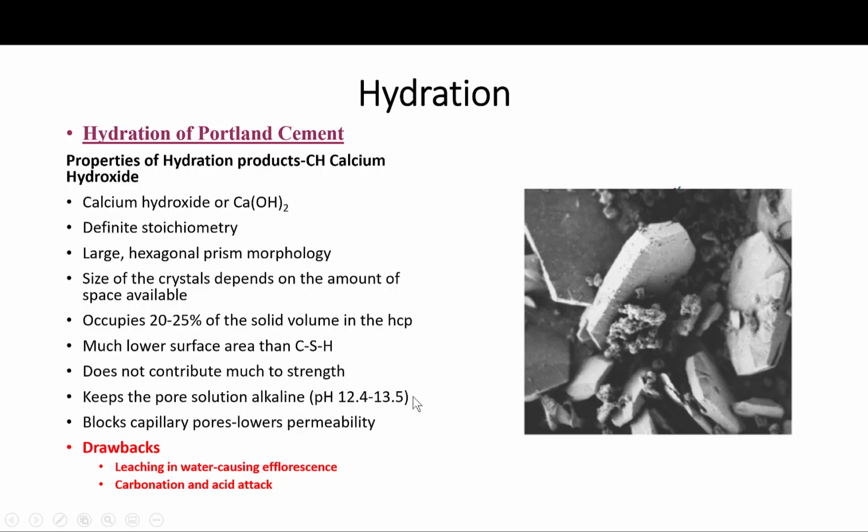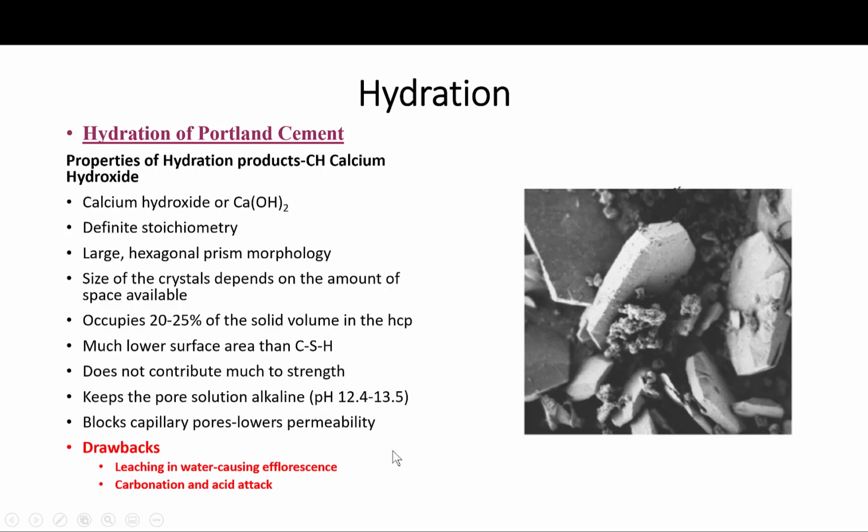It has an advantage. It keeps the pore solution alkaline, and high alkalinity is good when we talk about corrosion. Also, it has another advantage. It blocks the capillary pores, which means it lowers the permeability. We will see that later. Also, it has some drawbacks.